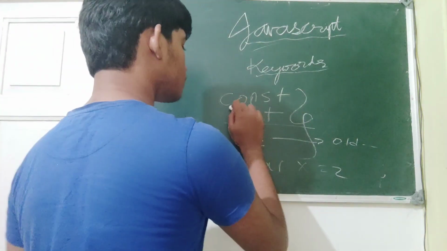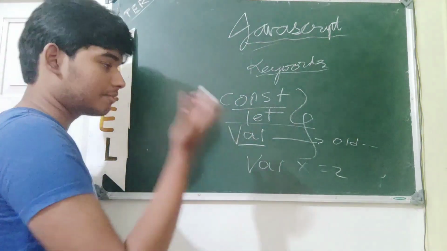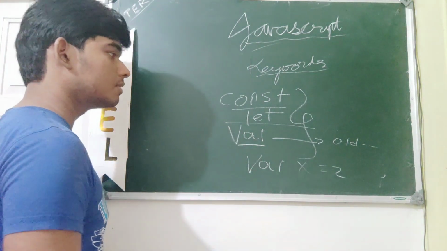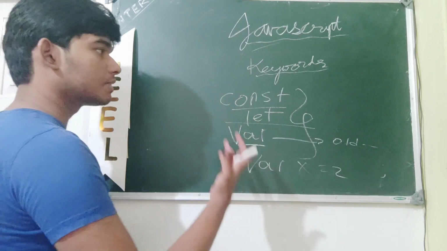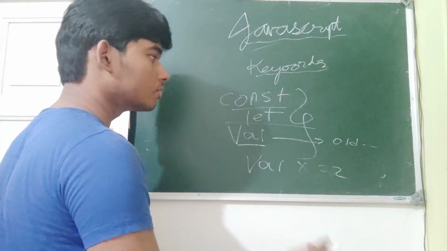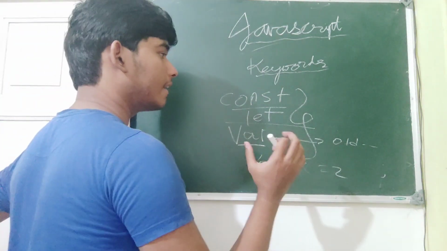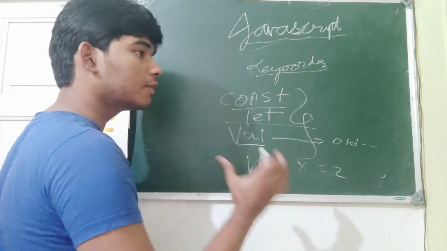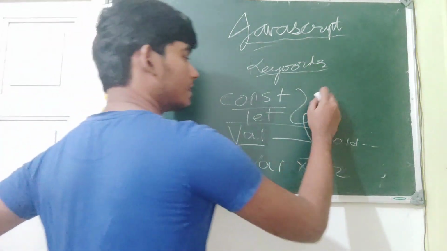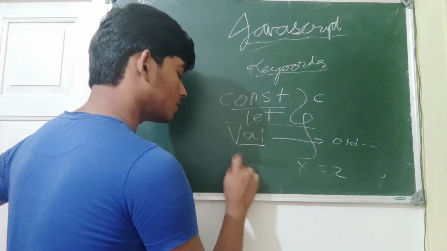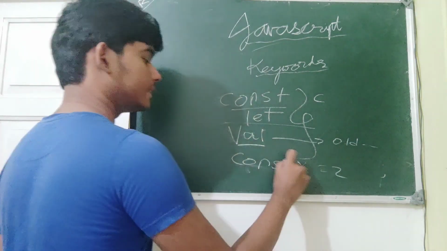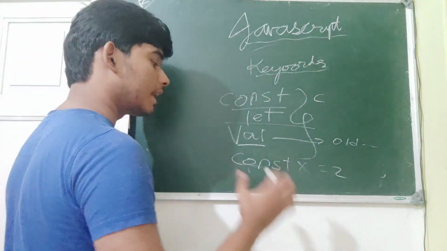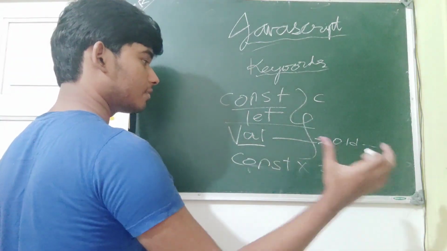In that case you can use const. As the name suggests, constant basically means that it stays the same forever. In JavaScript, const is used to define a variable that will not be changed in the future, so the type or value of the variable is not changed. So if I write something like const x is equal to 2, this means that in the future I cannot change the value of x is equal to 2.